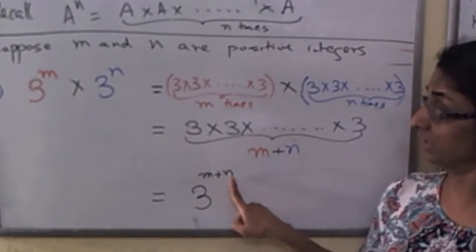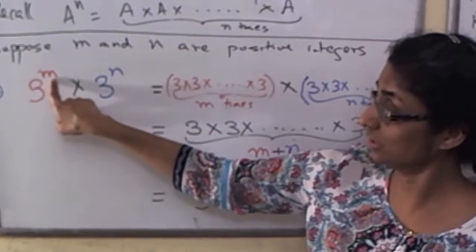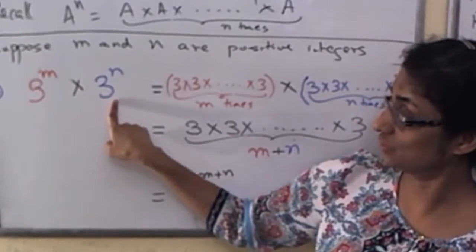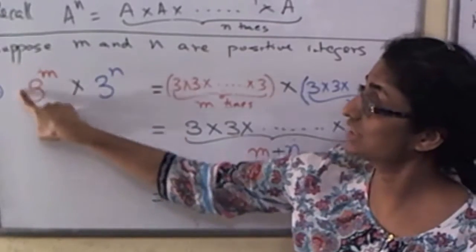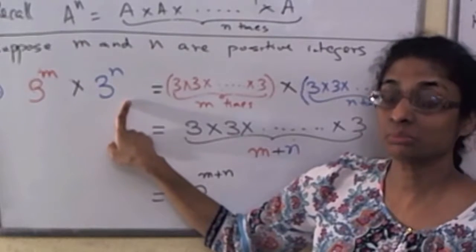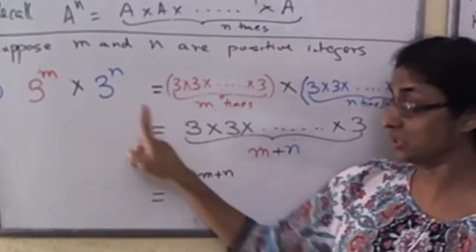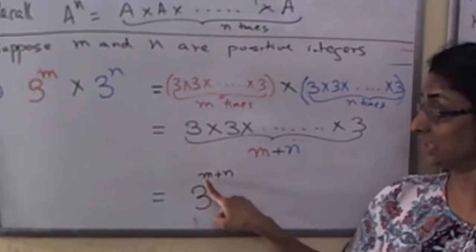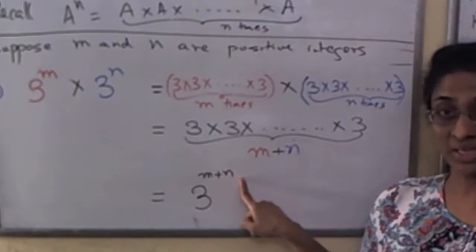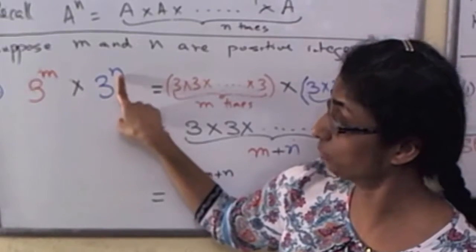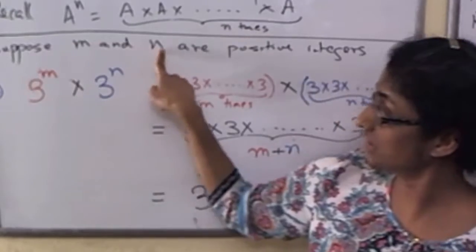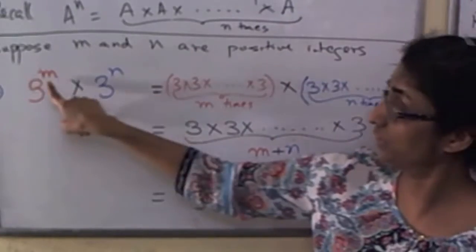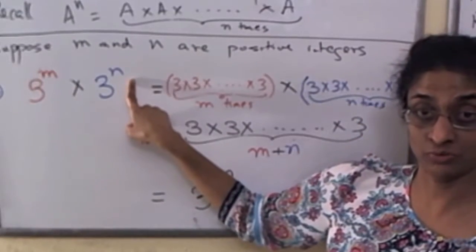So look at what we have. We're saying 3 to the m times 3 to the n. This expression is simply exactly the same number as 3 raised to the m plus n. Here, instead of actual positive integers, I'm using letters that could stand for any positive integers.